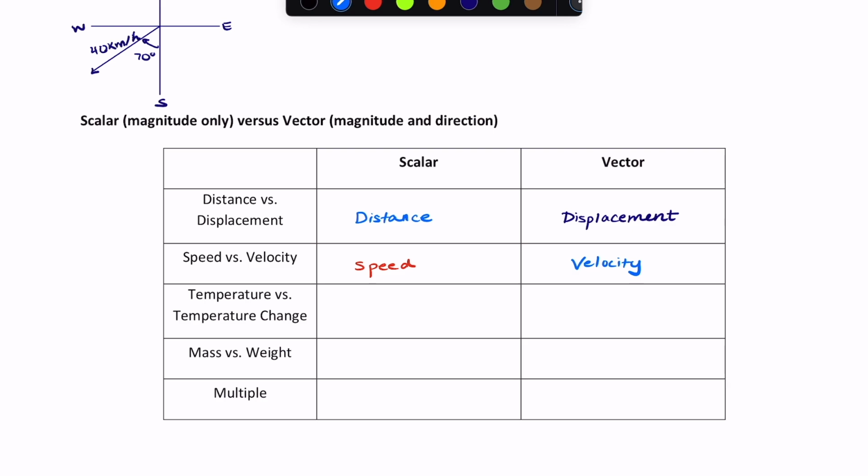So temperature by itself is scalar, and temperature change with direction, like positive or negative, would be a vector quantity.